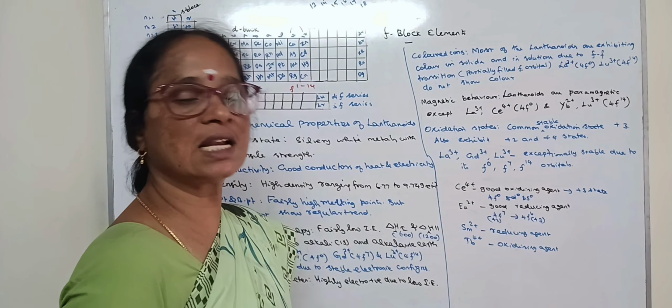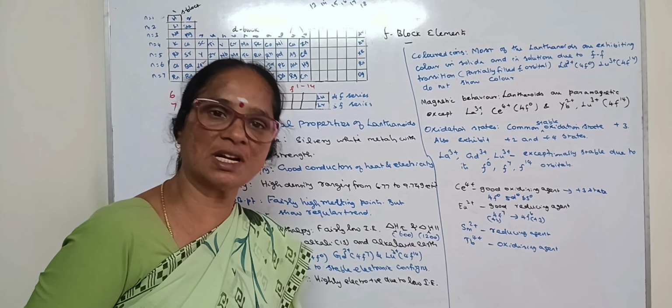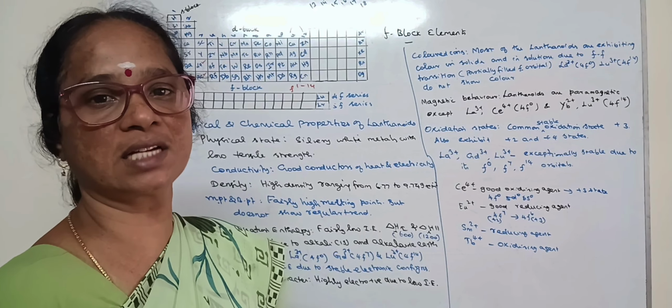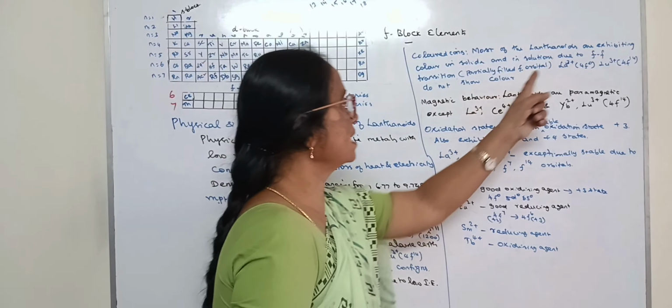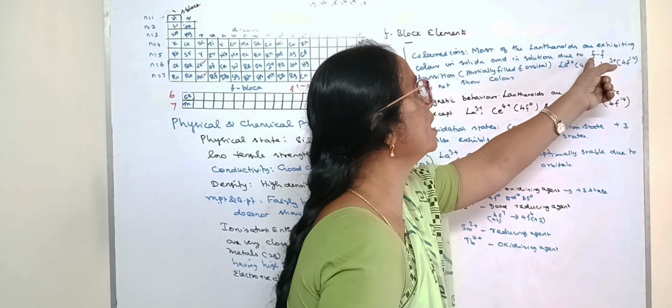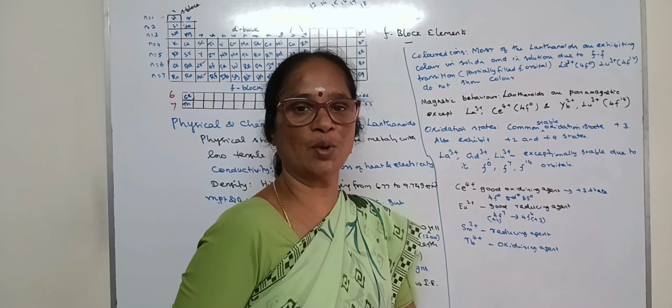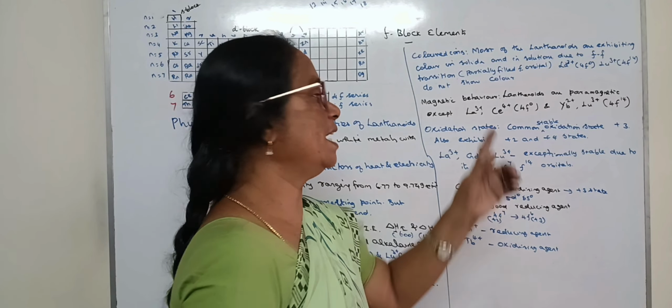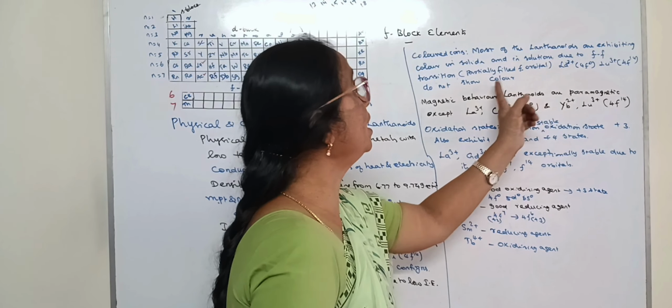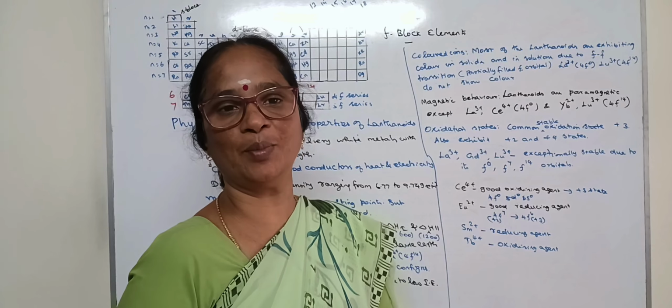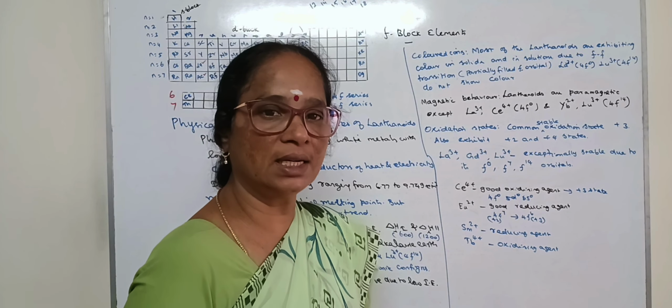In transition metals, we said that the formation of color is due to d-d transition of electrons. Here the electron is transitioned from a lower f orbital to a higher f orbital, and moreover the empty and completely filled f orbitals do not exhibit colored ions.